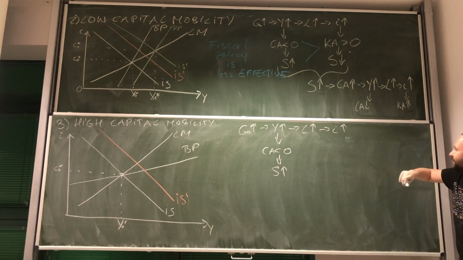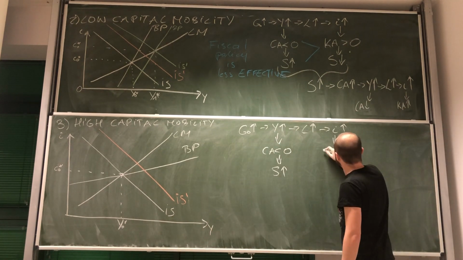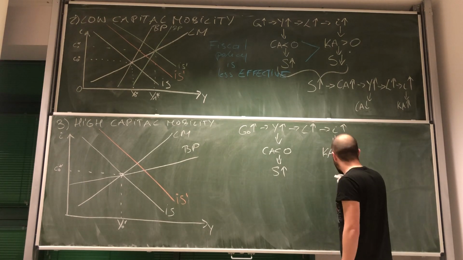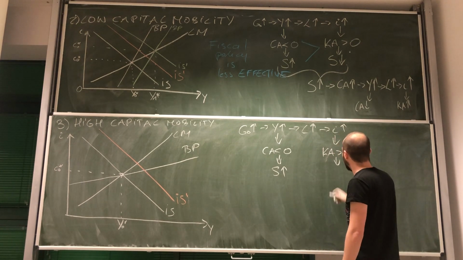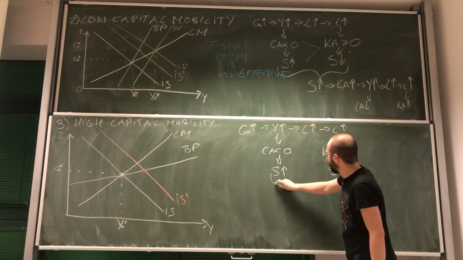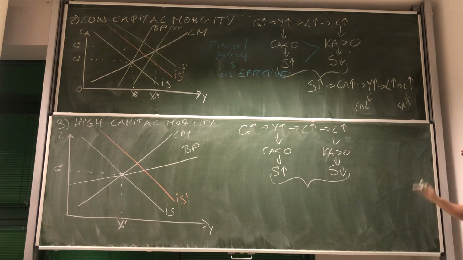But higher interest rate creates current account surplus, capital account surplus, and we have capital inflow, and this creates pressure on appreciation. Now, which of these two pressures is winning?